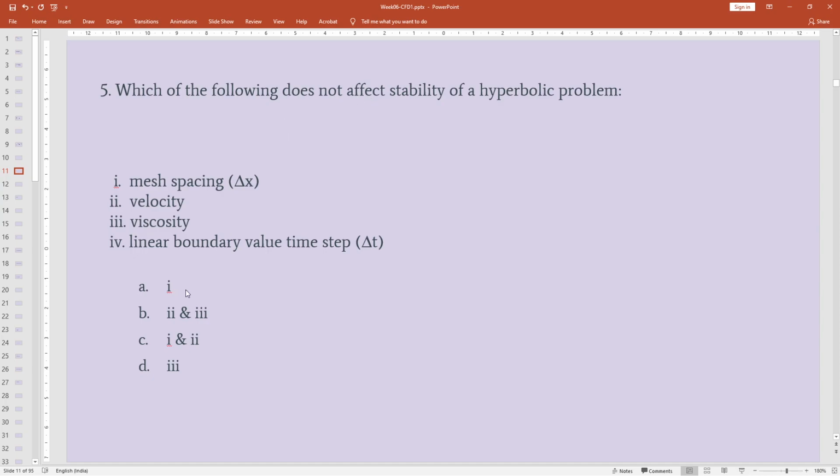So options are: A, one only, that is mesh spacing only. Option B, 2 and 3, velocity and viscosity. Option C, 1 and 2, mesh spacing and velocity. Option D, viscosity only. You can inbox your answers.